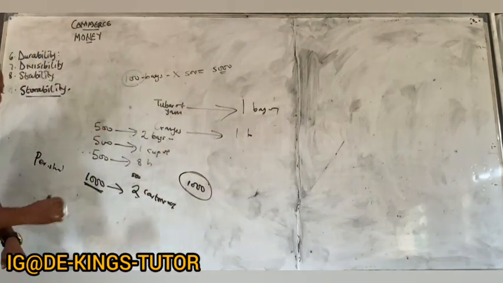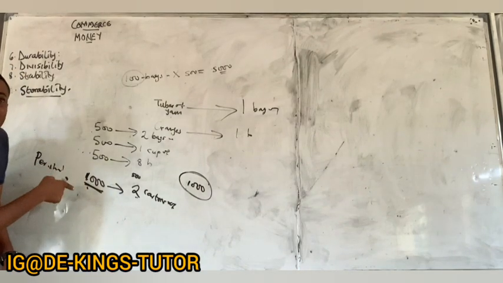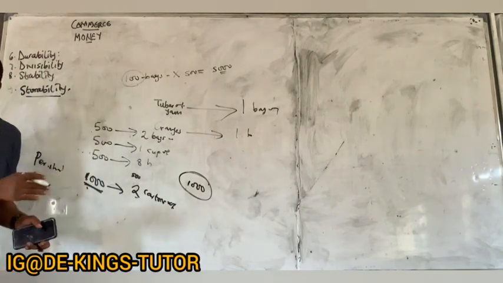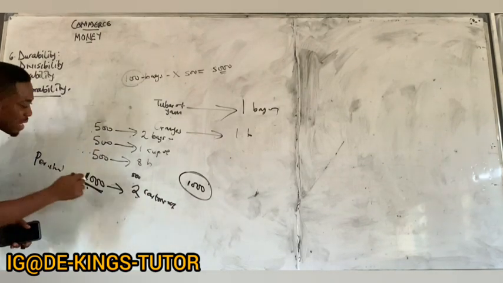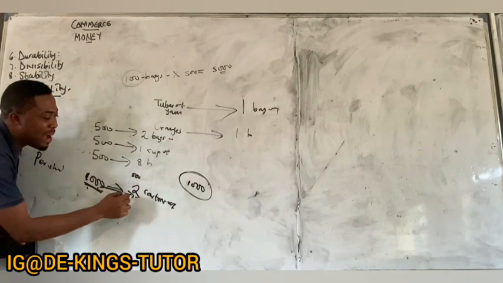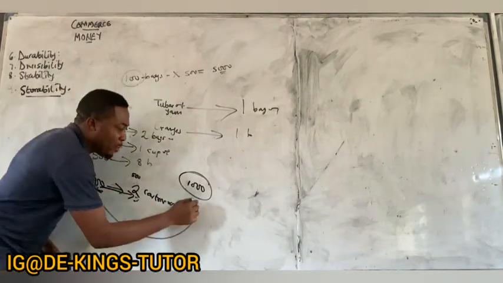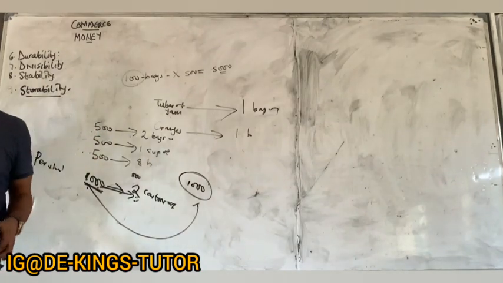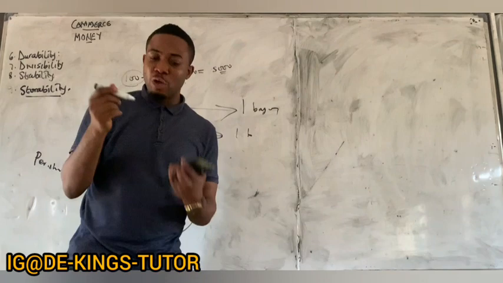You have seen that this money, though still the same 1,000, has lost its value because you stored it and didn't spend it at that time. So this 1,000 naira can no longer buy 2 cartons of Indomie because there's inflation. It can purchase just 1. So the value has gone down.